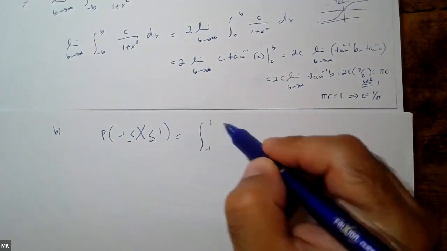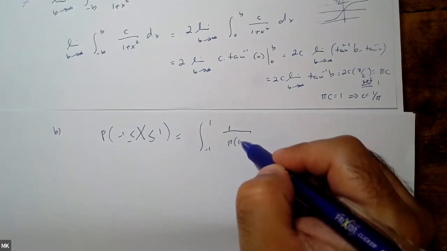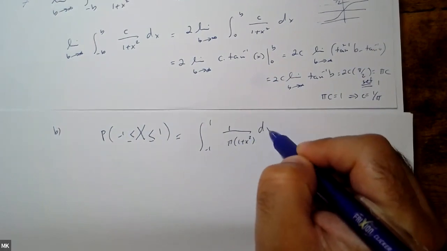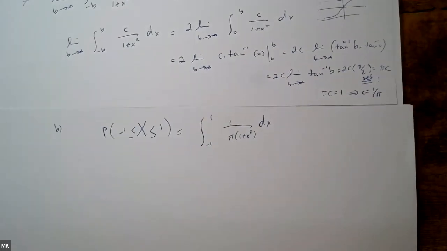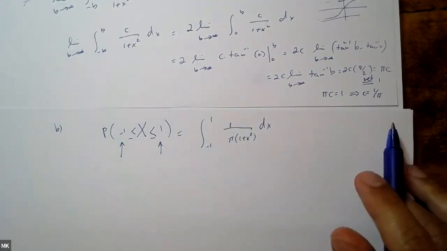So that's the integral from -1 to 1 of the function, which is 1 over pi times 1 over 1 plus x squared dx. So whenever they give you a probability and a constant, those are supposed to create your bounds.